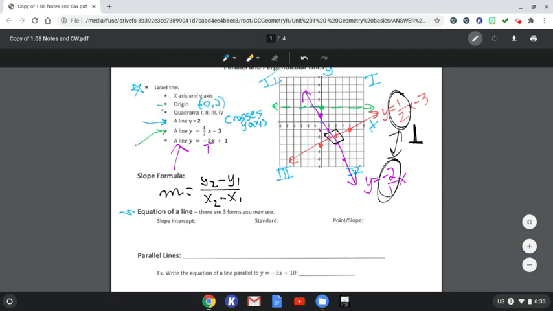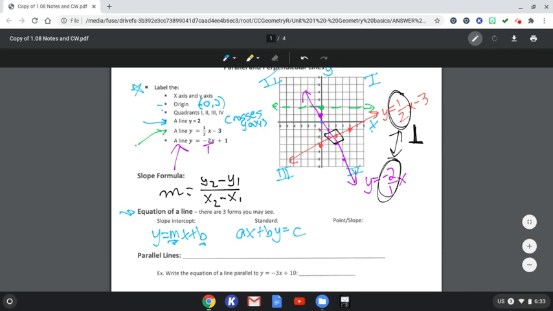And there's 3 ways to write the equation of a line. We like y equals mx plus b. That's really easy to help graph. We identify our slope and y-intercept. Standard form goes ax plus by equals c.